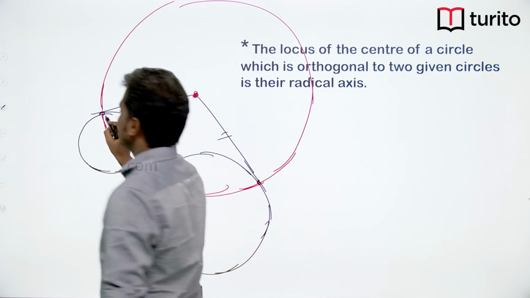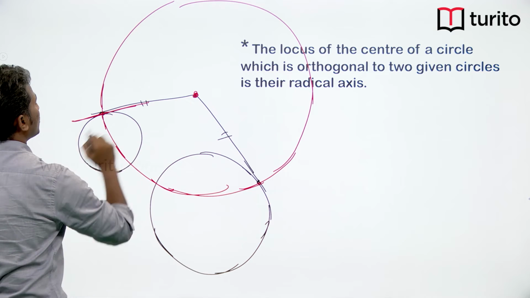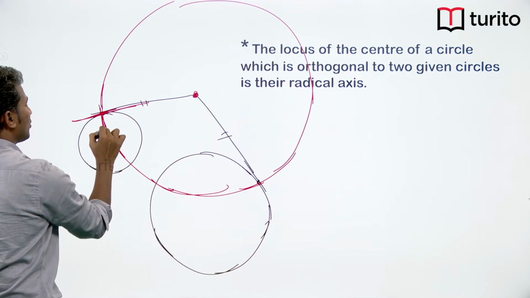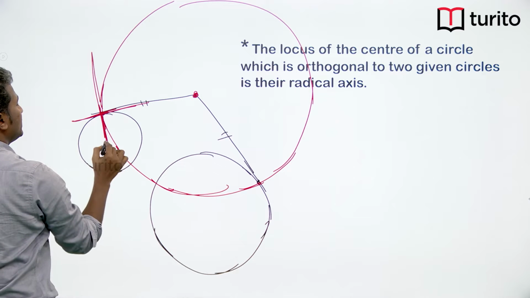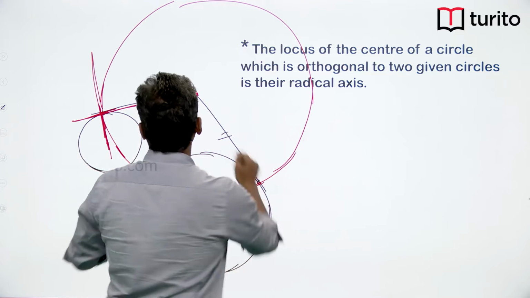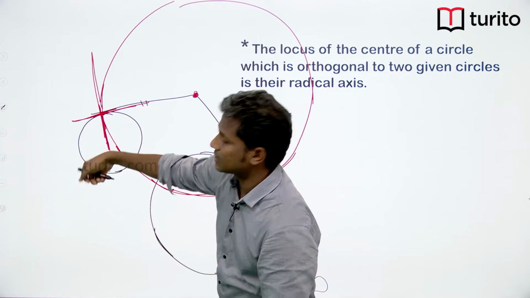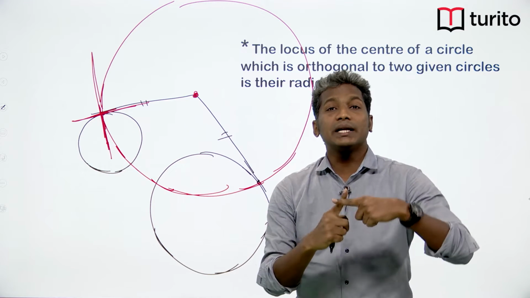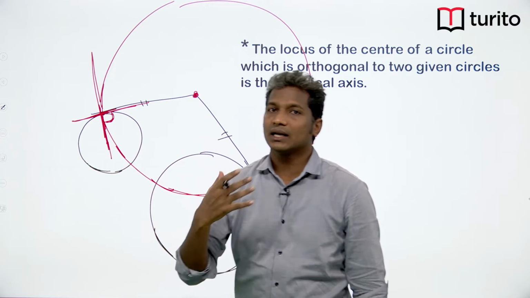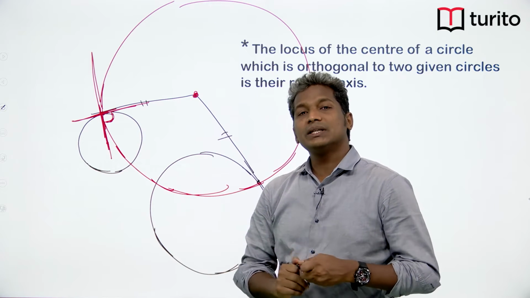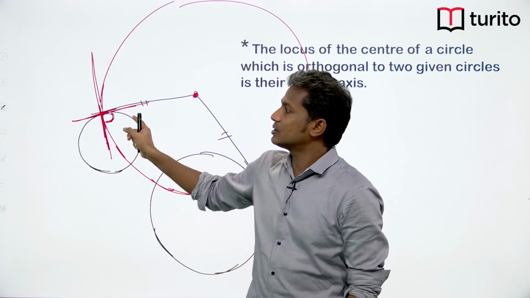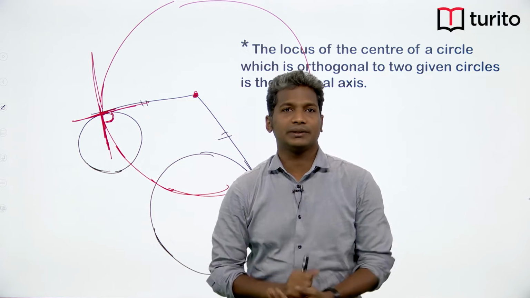Now, you see here that this tangent is already perpendicular to the radius of this center. Now, if we draw that radius here, this radius will act as tangent to the next circle and the radius of this circle will act as tangent to this circle, which means they are intersecting at this point at 90 degrees, at right angles. If two circles intersect at right angles, then we say that these two circles are intersecting orthogonally.